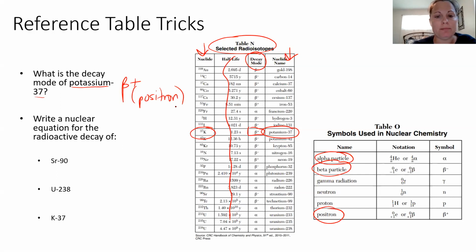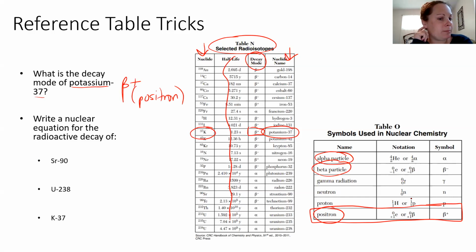How do I know that B+ is positron? Table O. So that means potassium-37 is an isotope that spits out positron particles. We can use this information to write nuclear equations.